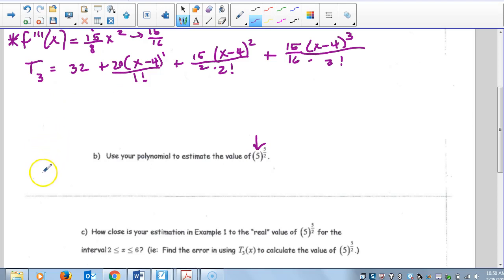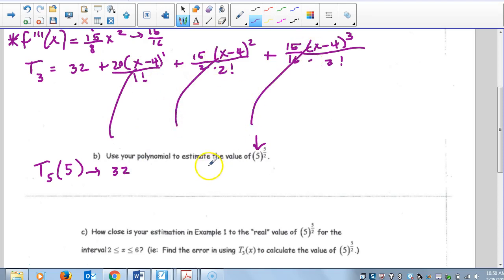So when I'm doing the polynomial for 5 to the 5 halves, that means I just substitute 5 in. So I still have 32. Now if I substitute a 5 into all of these, I'm just going to get 1, right? So 5 minus 4. So I'm just going to be writing the coefficients and the factorials.